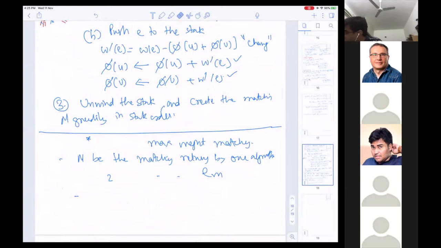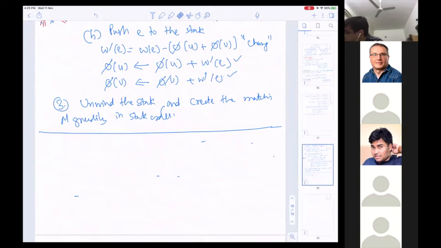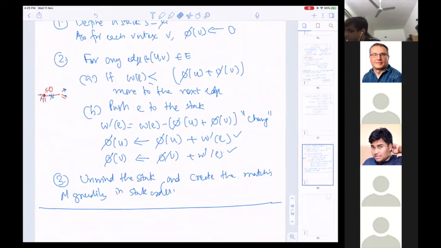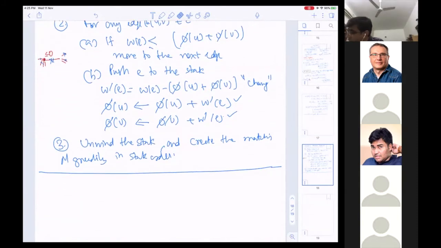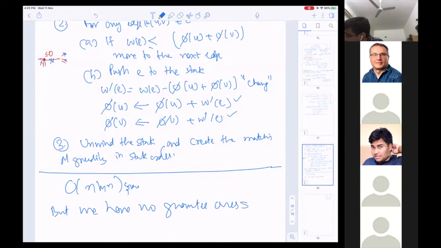So all we managed to show is that this is a factor 2 approximation, and we can manage to do all the operations inside this in order n log n space, but we have no guarantee over stack size. Okay, so what do you think we should do?